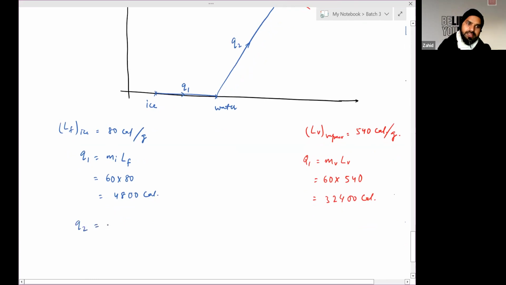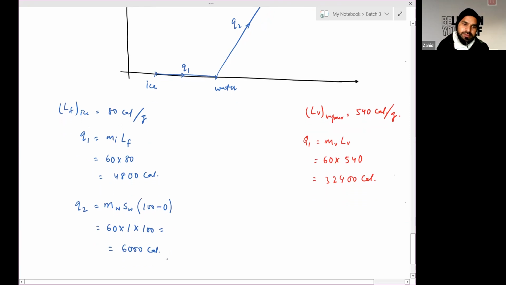So let me calculate Q2. Now it has converted into water. So Q2 equals mass times specific heat capacity of water times change in temperature, 100 minus 0. Mass of water is 60, specific heat capacity of water is 1, change in temperature is 100. On multiplying, you'll get 6,000 calorie.